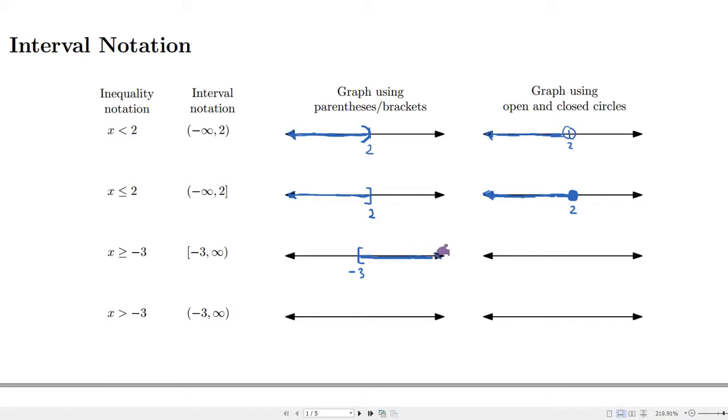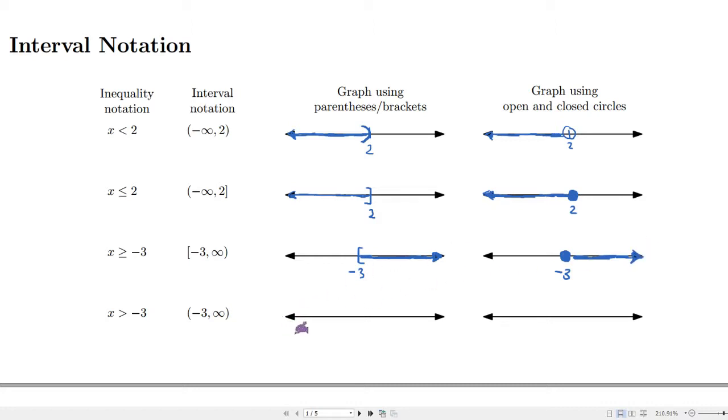So every value that's up here is something larger than -3. So for example, 0 would be included here. And in open or closed circles, well, we're in greater than or equal to. So the equal to means that we're going to have a filled in circle at -3, all the way to positive infinity.